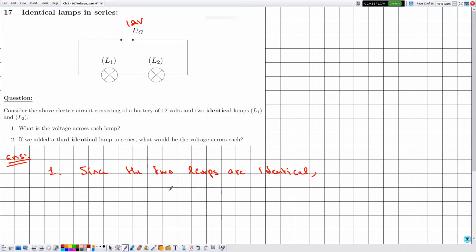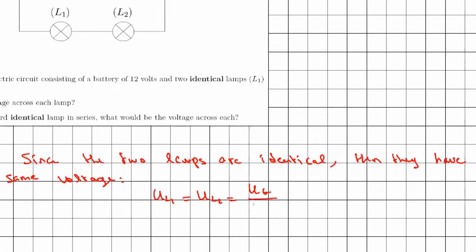Then in this case, because the two lamps are identical, they have the same voltage. We say that the voltage of the lamp L1 is equal to the voltage of the lamp L2, which is equal to the voltage of the generator divided by the number of lamps we have.